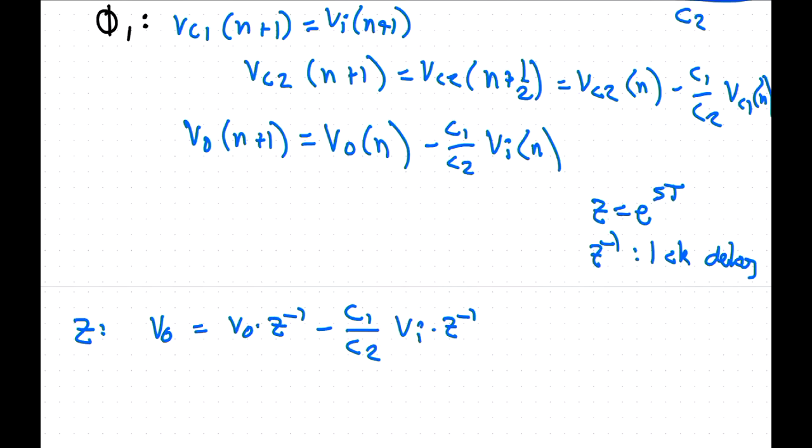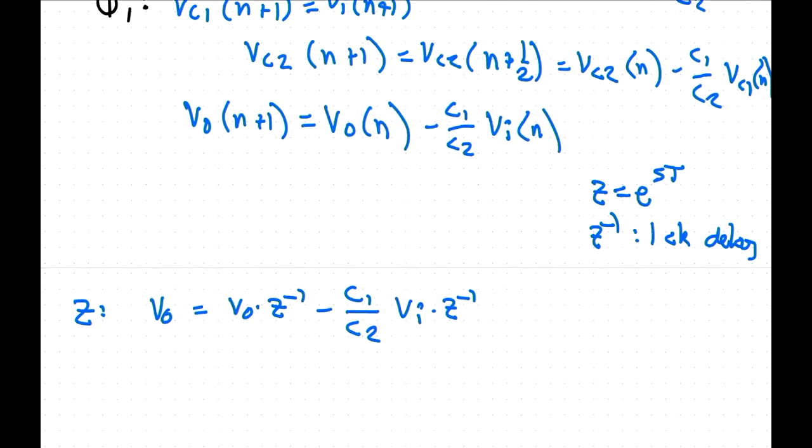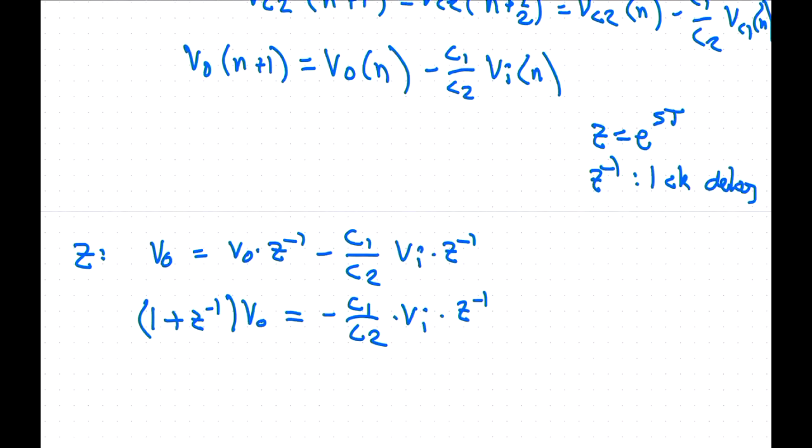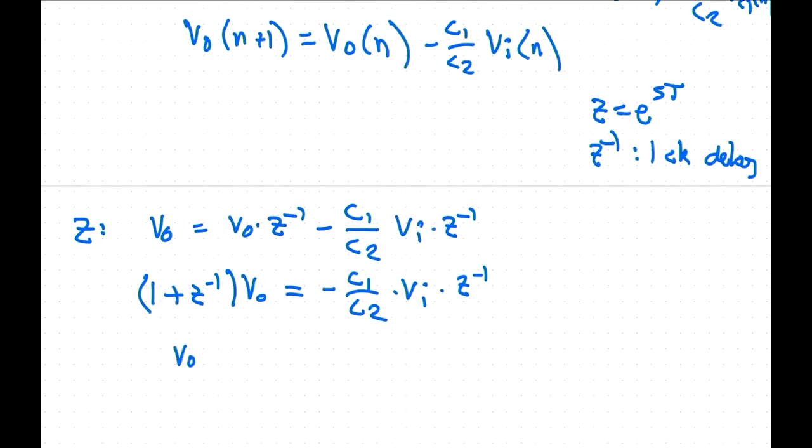Okay, and now we can find the transfer function. So moving Vout onto the left hand side, we have 1 plus z to the minus 1 times Vout is equal to minus C1 on C2 times Vin times z to the minus 1. So that means that Vout on Vin is equal to minus C1 on C2 times z to the minus 1 divided by 1 plus z to the minus 1.